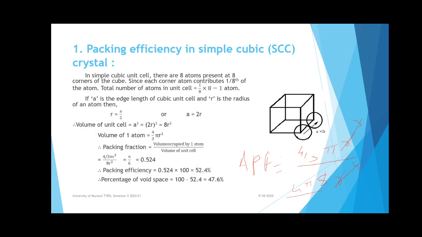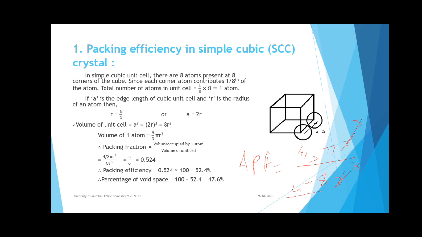So what we saw in a simple cubic crystal system: there are 8 constituent particles present at the 8 corners of the cube, and in the whole unit cell there is only one atom present if you count only one portion of every corner.